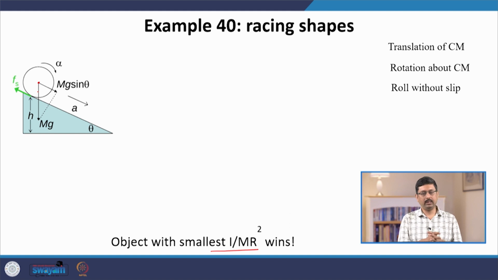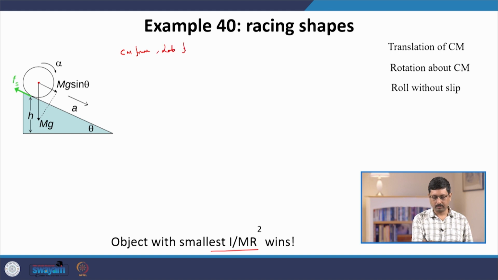So, the natural thing is to analyze it with the center of mass as a reference point in the lab frame. We divide the motion into two parts. The first part is translation of the center of mass. The second part is the rotation about the center of mass.